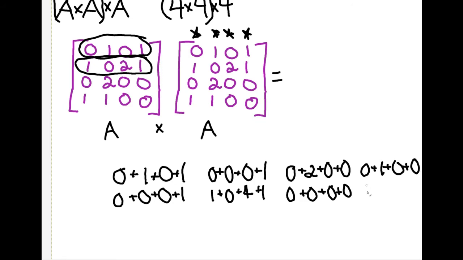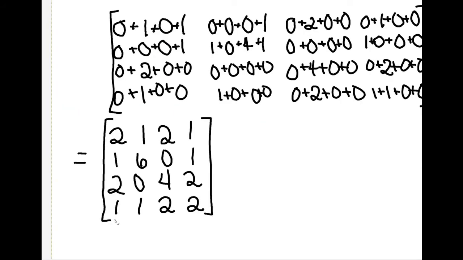And finally, the fourth column, 1 times 1, 0 times 1, 2 times 0, and 1 times 0. So now we'll jump ahead to the end of the multiplication. So here is our final answer for A times A, or A squared.